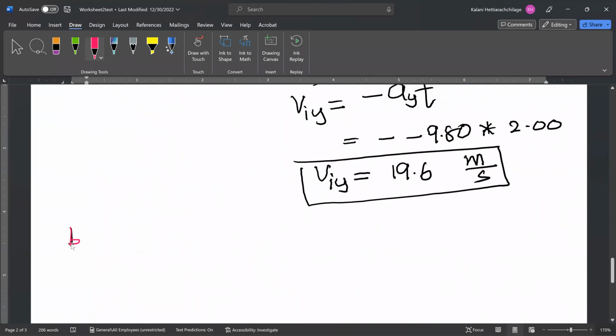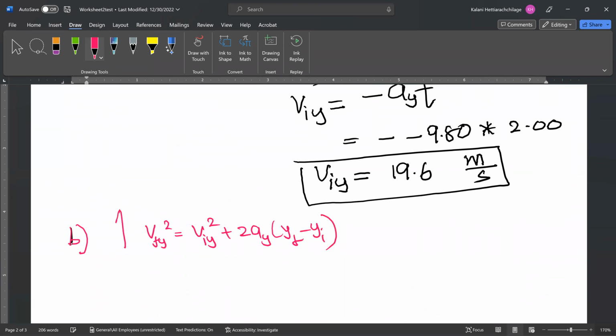After I decide to use the third, I'm going to write it. v final y squared equals v initial y squared plus twice acceleration in the y direction times y final minus y initial. So now v final y is definitely 0. Next is v initial y.